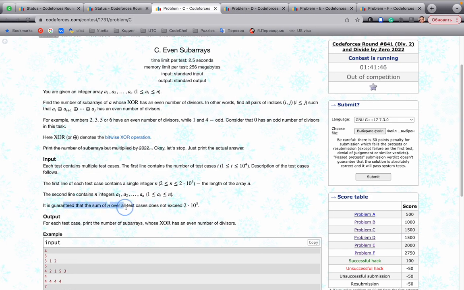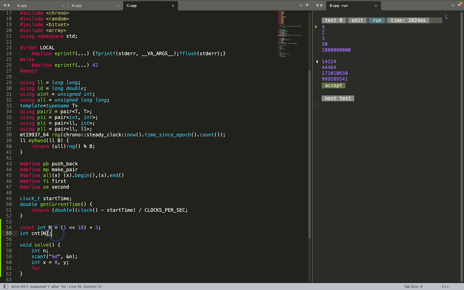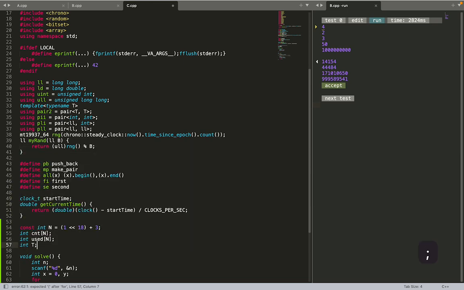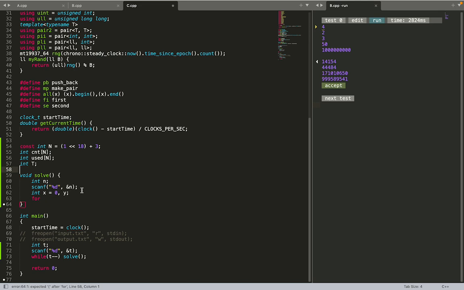Okay, so the sum of n is bounded by something nice, but I need to clear this array, and if I do that for every test, that will be too slow, so instead I will be using counters. So we'll do t++, and now all the numbers used are strictly smaller than t.